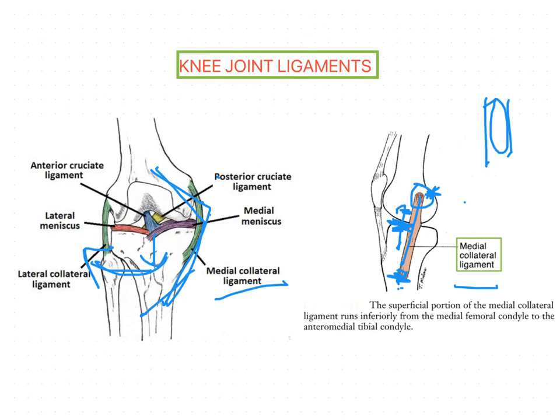That means if the ligaments which restrict this anterior tibial translation are not working properly, then this medial collateral ligament is going to take that supportive role.